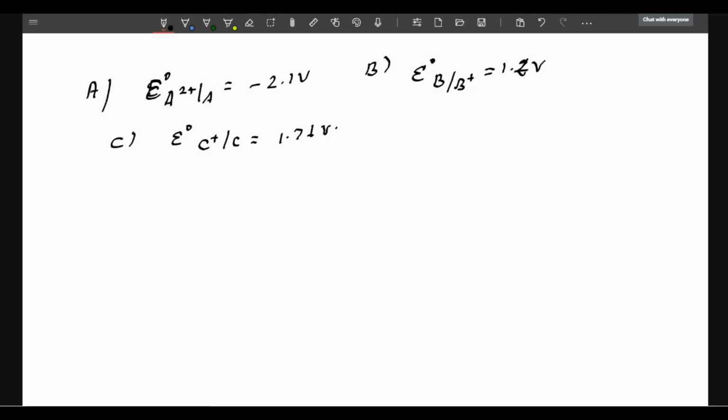First, the preparatory arrangement is to convert to oxidizing agents, oxidizing potential, and arrange them in their decreasing order. After arrangement, you can find the answer.